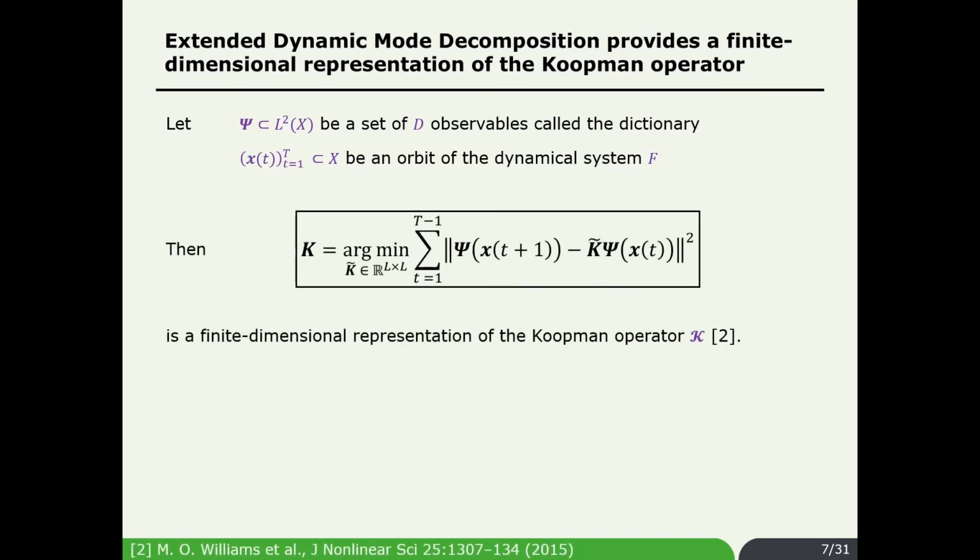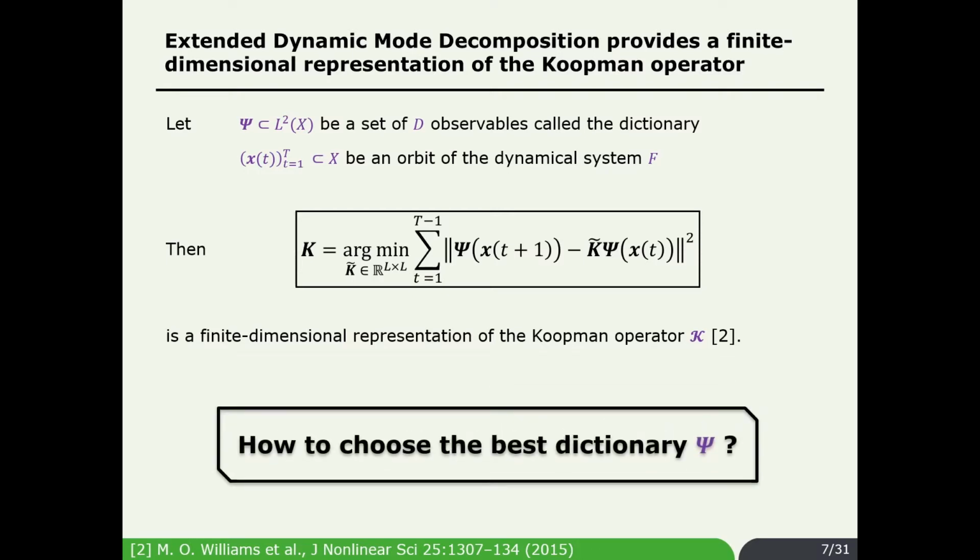Then the Koopman matrix is given by the solution of this well-known least squares problem. For more details, you may read the original work of Williams, referenced here below. And finally, the question at the heart of the problem is about the choice of the dictionary. Indeed, how to choose the best dictionary?